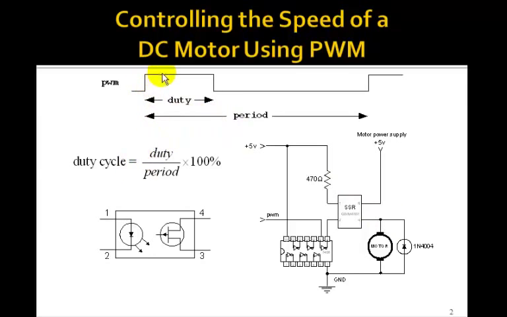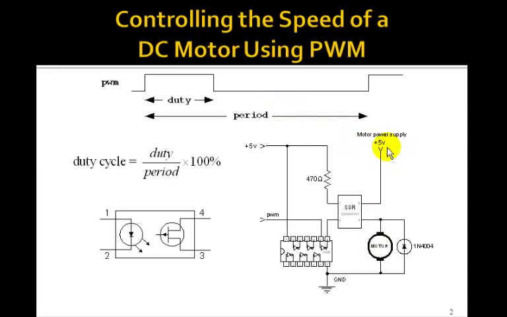If the duty cycle was, say, 10%, that is, the signal is only on 10% of the time, then the voltage across the motor on average, that is the average DC voltage, would be about 10%, and you'd have a low speed. So that's how it works.